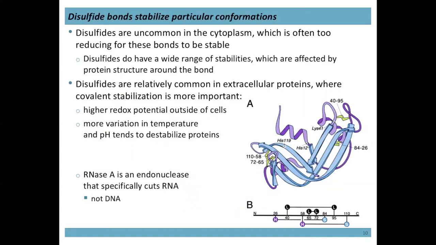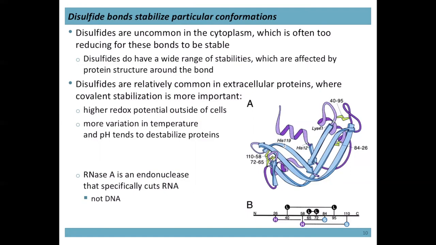So disulfides are uncommon in the cytoplasm, which is often too reducing, and we talked a little bit about that. Glutathione is found in an intracellular concentration at nearly 5 millimolar, which is a really high concentration, and that's a thiol. It goes around and reacts with reactive oxygen species. So within the cell, you try to keep it in a reducing environment, which is not very favorable for disulfides.